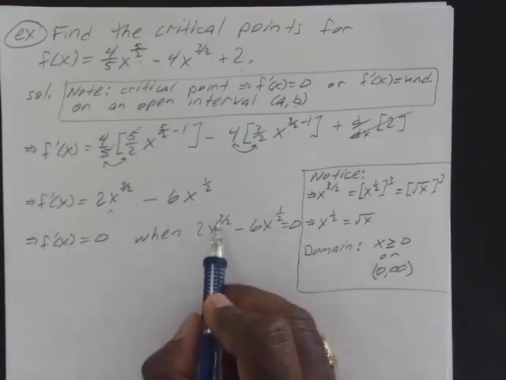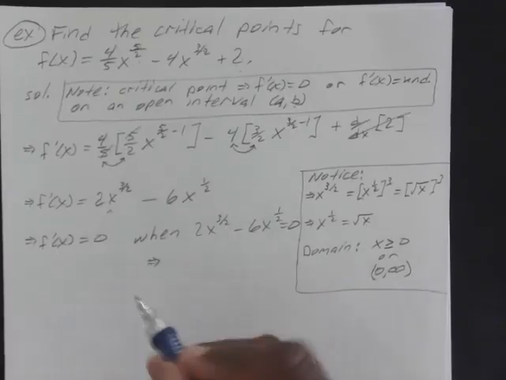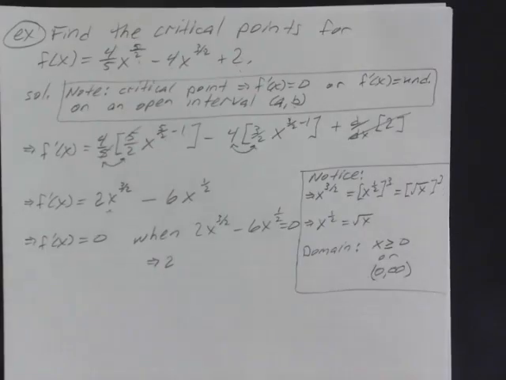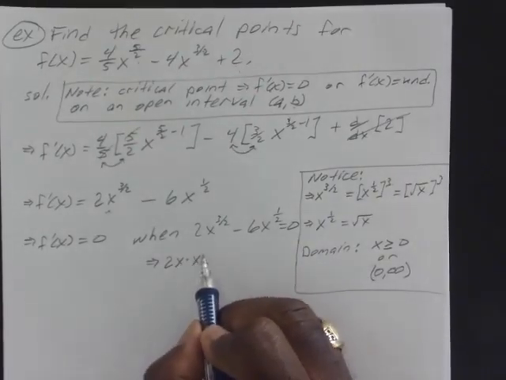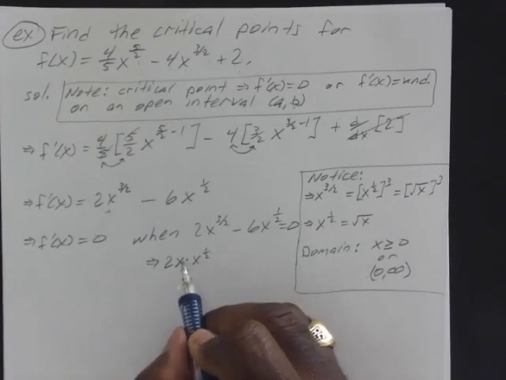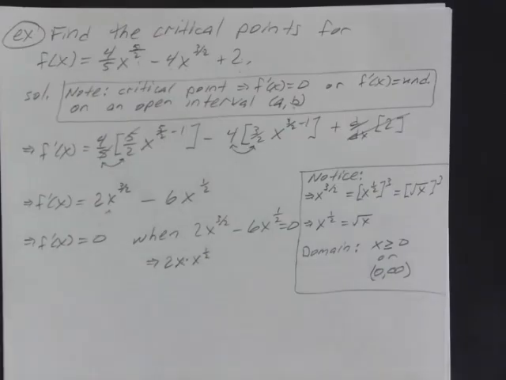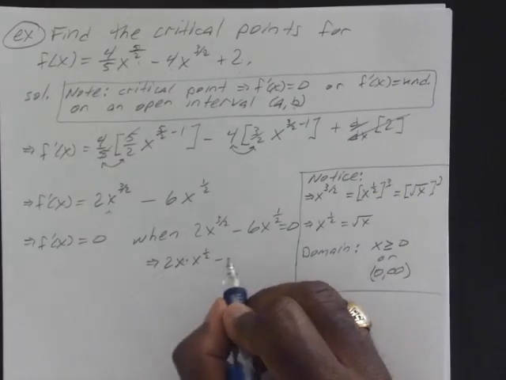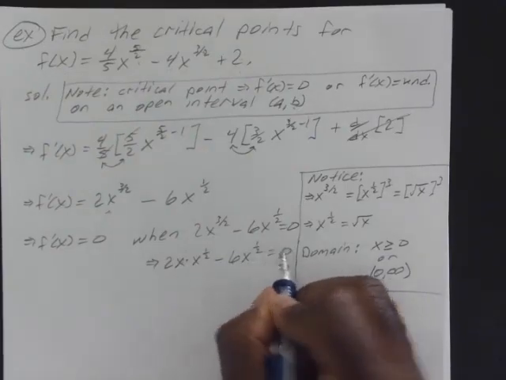So we can rewrite x to the 3/2 power as x times x to the 1/2 power, because 2/2 plus 1/2 is 3/2. So we have 2 times x times x to the 1/2 power minus 6x to the 1/2 power equals 0.